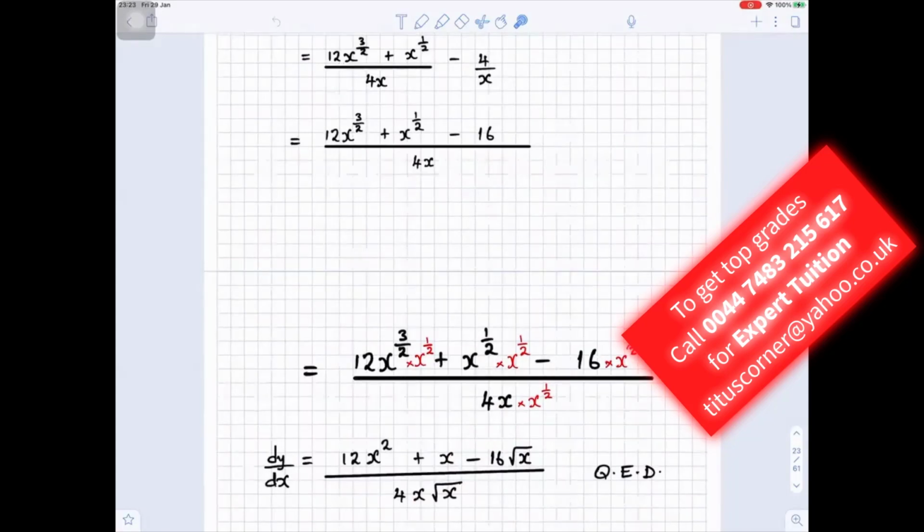So that is what you would get. And when you add 3 over 2 plus a half, it's like 1.5 plus a half, that gives you 2, which is x squared. So you've got dy over dx to be 12x squared plus x minus 16 root x, over 4x root x. Quod erat demonstratum, as required to show.